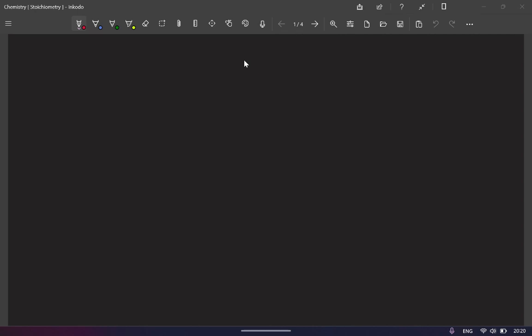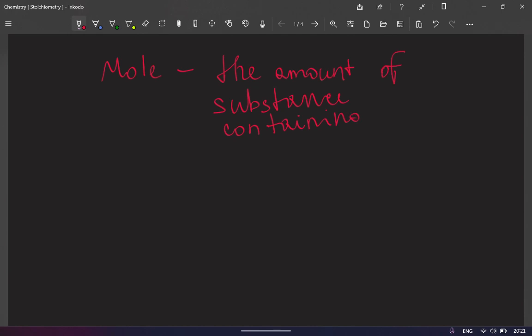First of all, let's just try to understand what is the mole. If we look at the definition of mole, mole is the amount of substance containing 6.023 multiplied by 10 raised to the power of 23 particles.